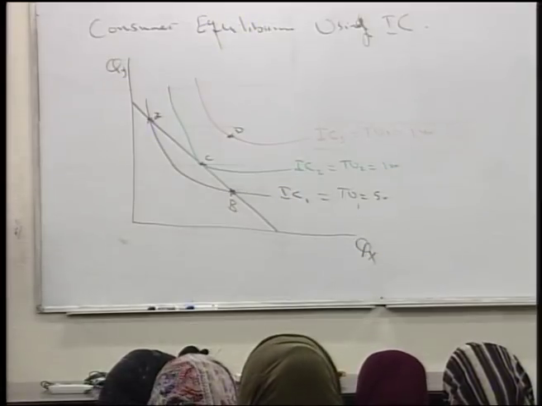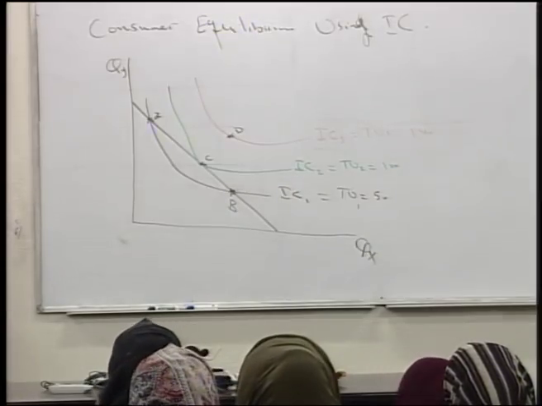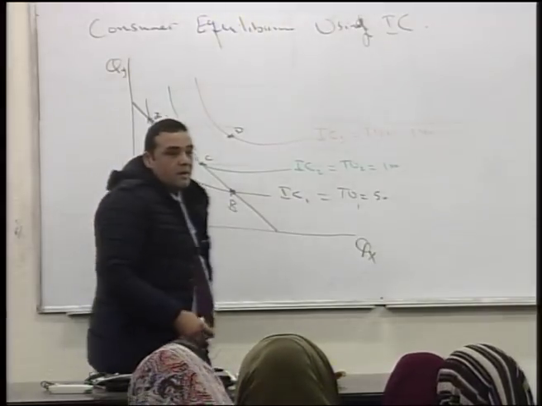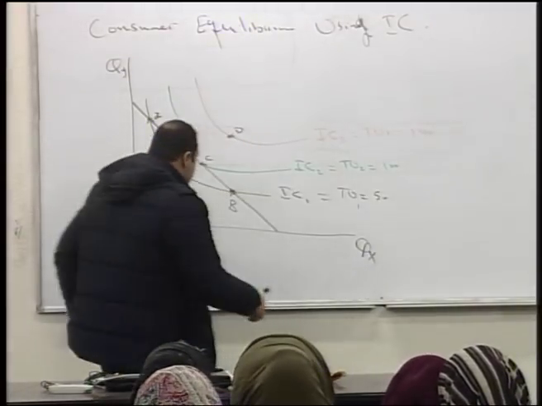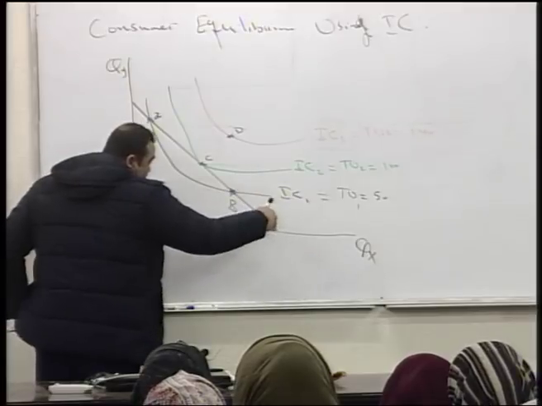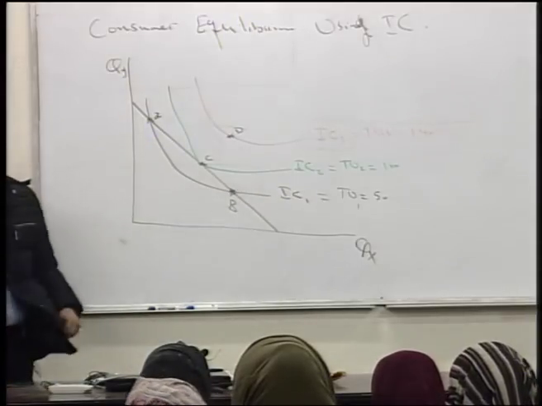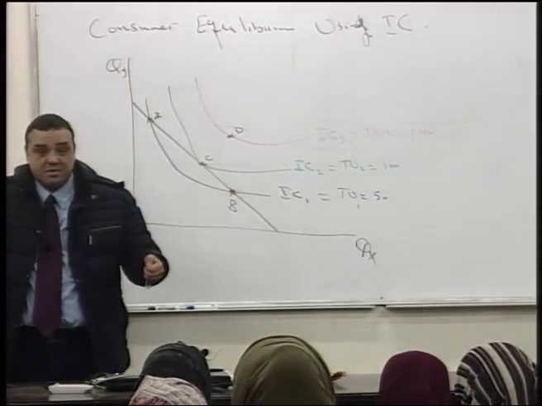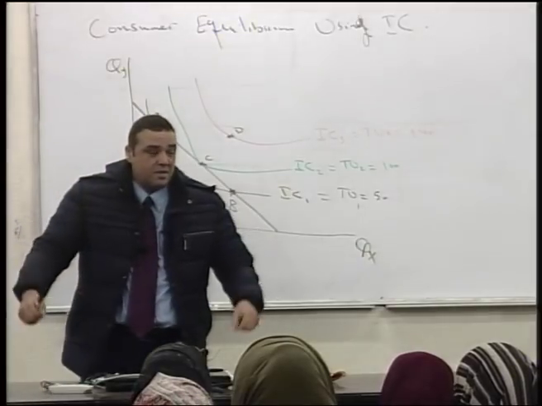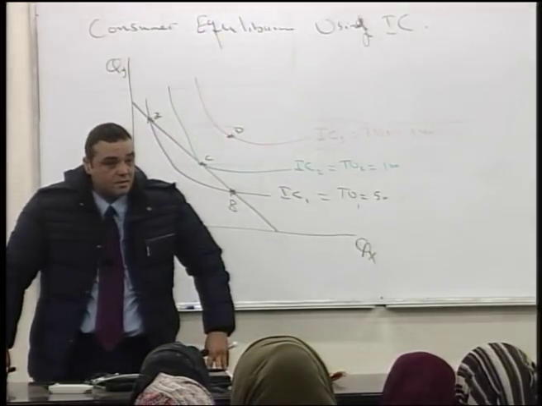Let's go. Okay. As we said, the budget line represents or shows the ability of the consumer to buy different bundles of goods. Right?